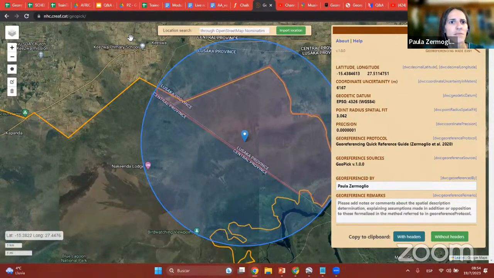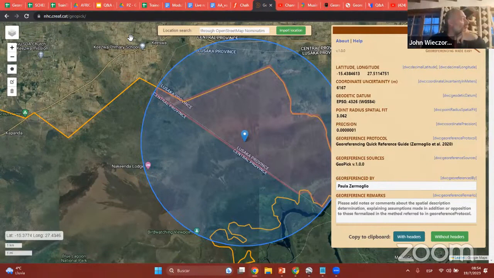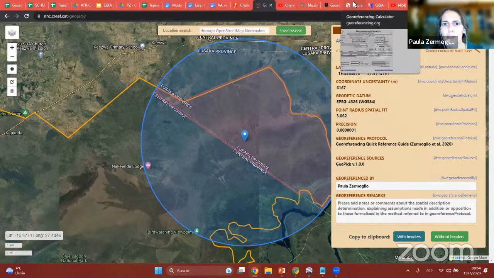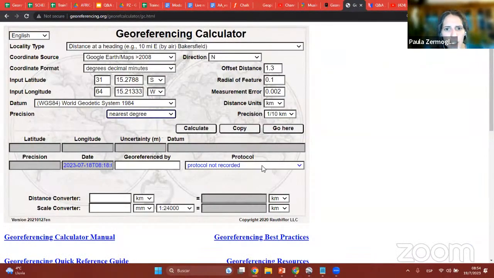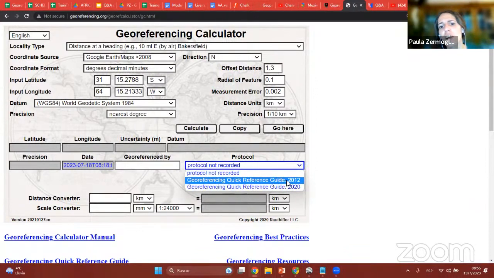John, do you want to add something? Yeah, do you have your georeferencing calculator open? Because there's a choice in a drop-down box there too. Yes, I have the calculator open here. When we calculate, there are two quick reference guides. One is the older guide, and this is the new one. If you were using the older one, in which some of the steps were different, you would have to cite this one.